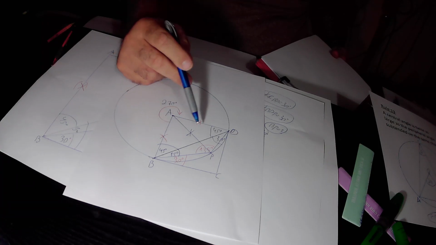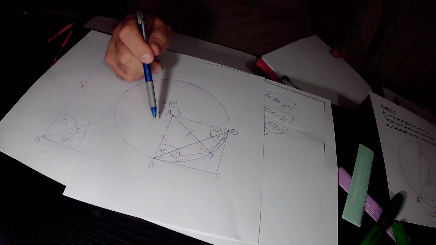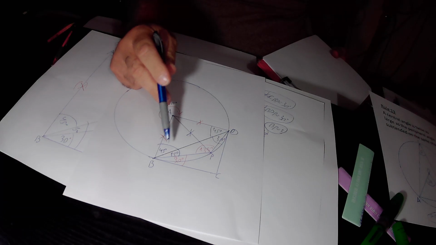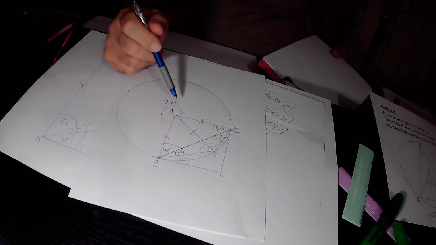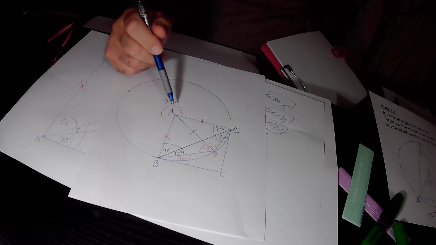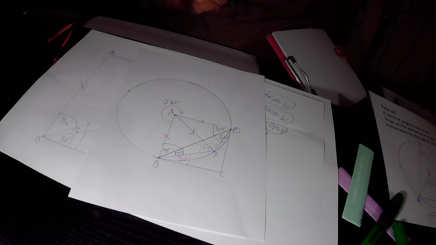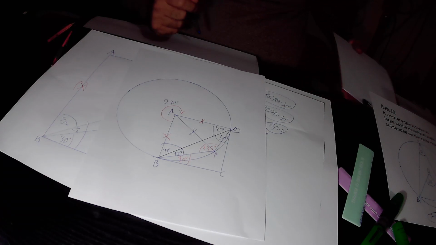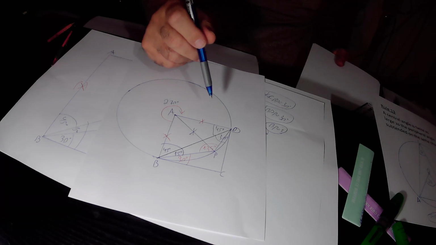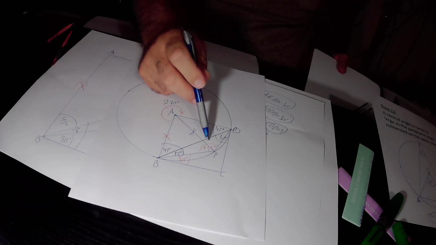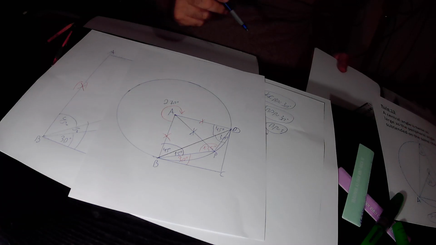Points B and D, the vertices of square ABCD, must pass through the circle itself. So here we only found out that angle BPD equals 135 degrees in size.